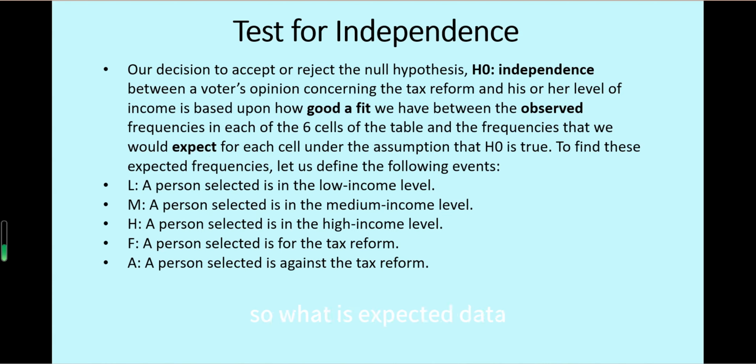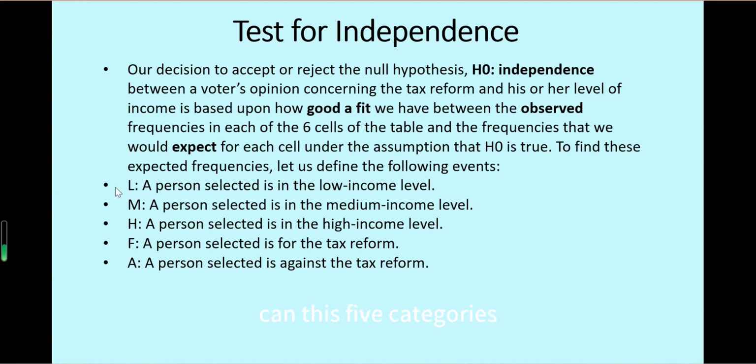So what is expected data? Expected data is what we get if the assumption that H0 is true, so if there is independence between these two variables, between the income and the opinion vote. So we can get expected frequencies for each marginal. This is for the person in the low income. This is for the person in the medium income. And this is for the person who favors the tax reform. And this is the person against the tax reform.